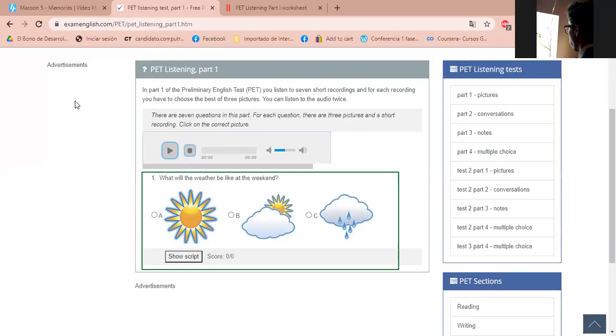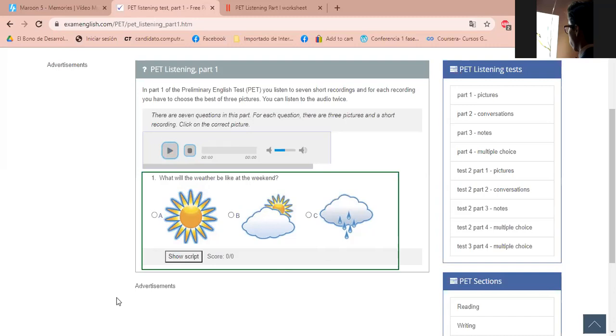Su vocabulario sobre el clima. Okay, so what are the options here? Here we have sunny, partly sun and a little bit cloudy, and we have rainy, right?